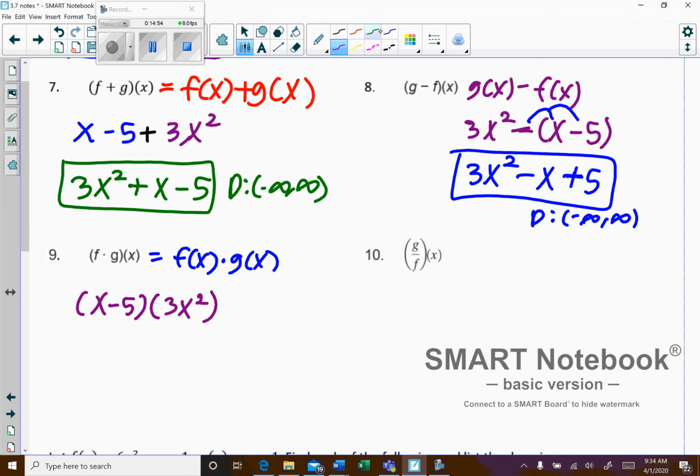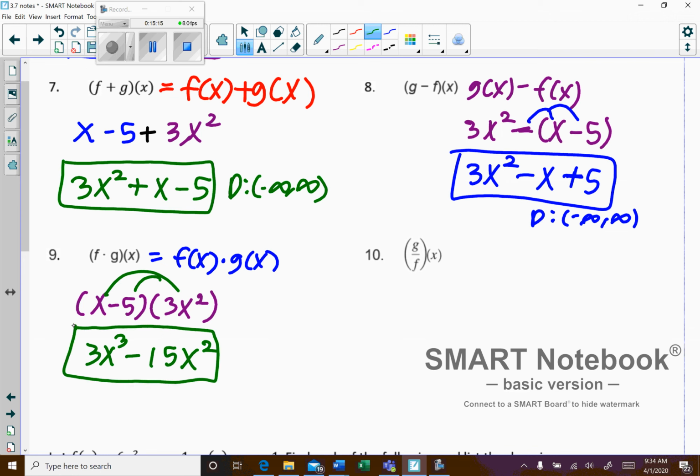This one, you're just going to distribute because we have a binomial and a monomial, two terms and a single term. So that single term, we'll just distribute to both of these. This will become 3x to the third minus 15x squared. And that is it. And once again, nothing crazy about the domain, just all real numbers.